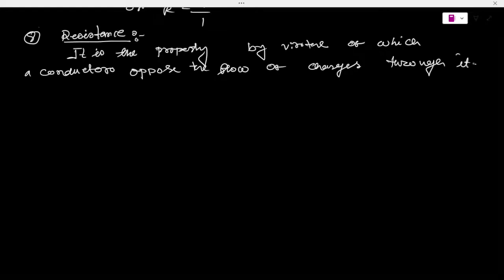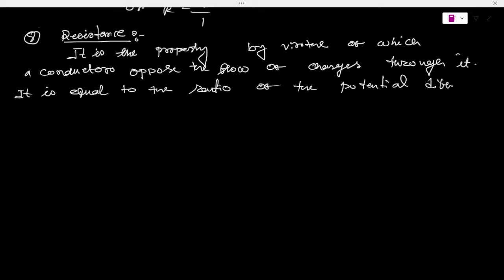It is equal to the ratio of the potential difference applied across the conductor to the current flowing through it.